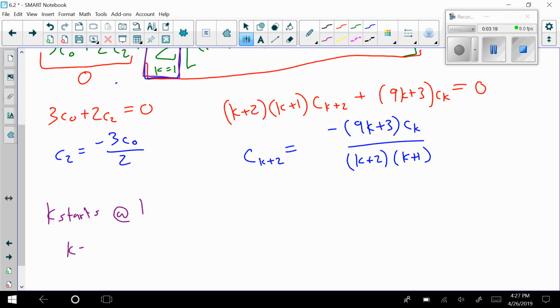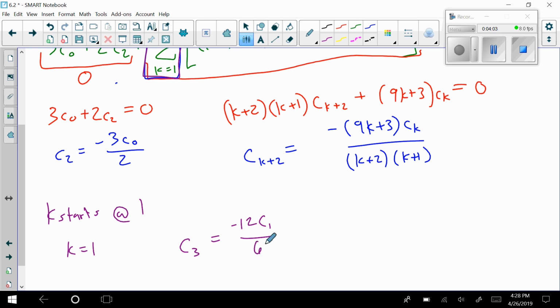So if k equals 1, what would I have? Here c sub 3 equals negative, 9 plus 3 is 12, so negative 12 times c sub 1, divided by, this would be 3, that would be a 2, so that's a 6 down here.